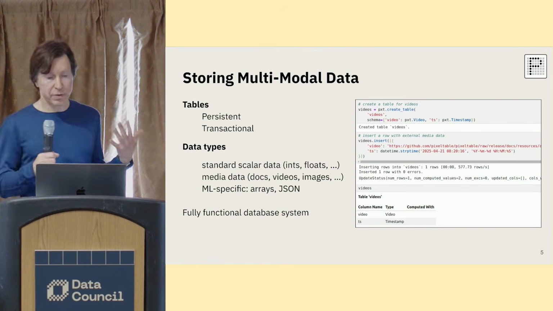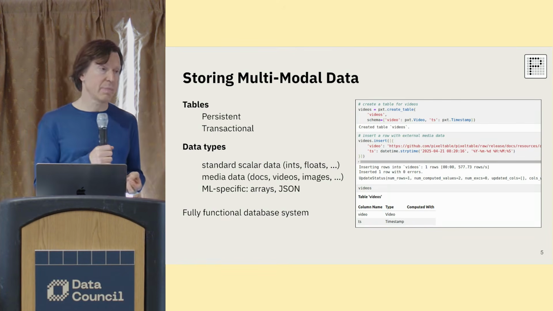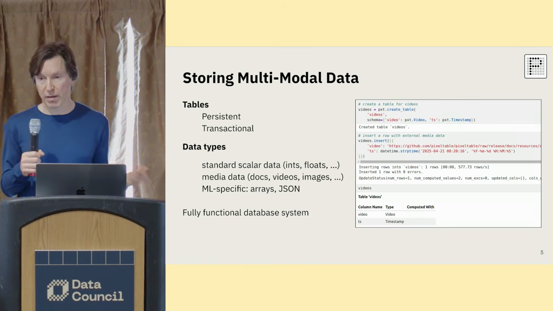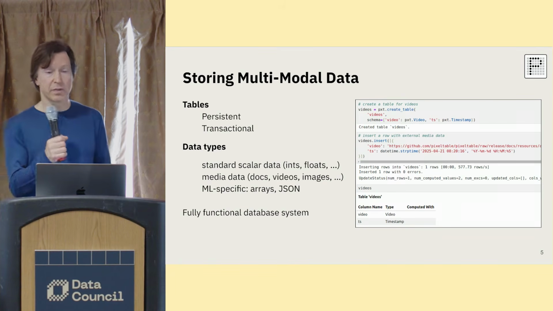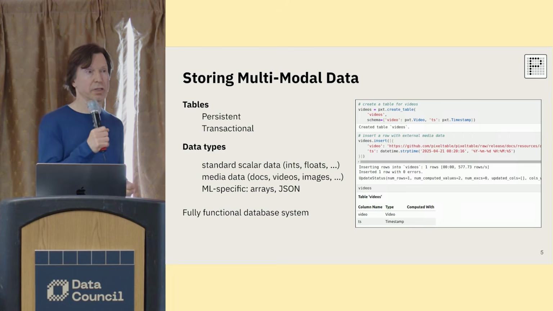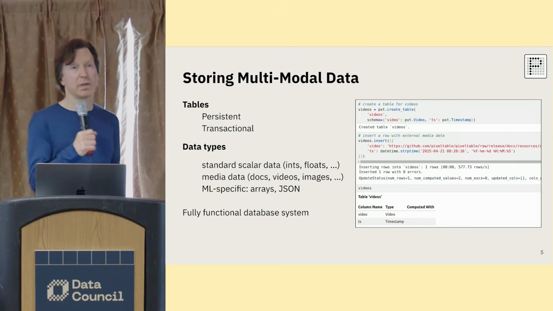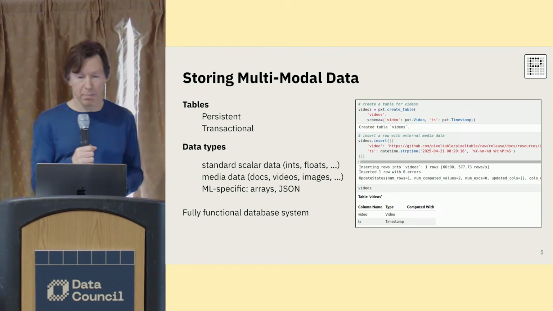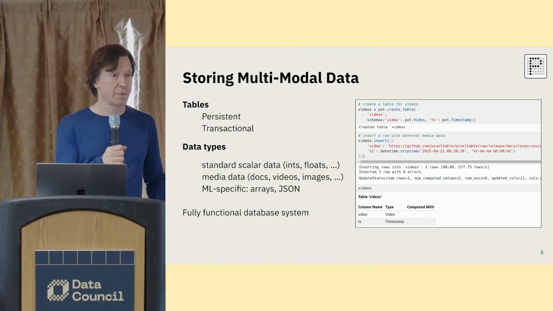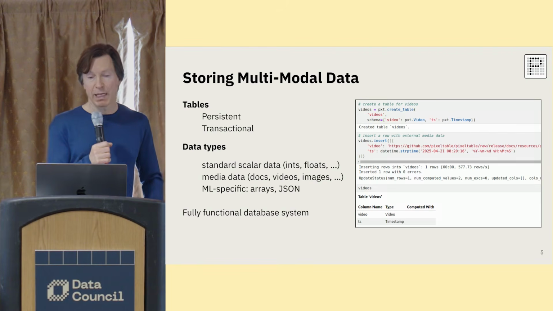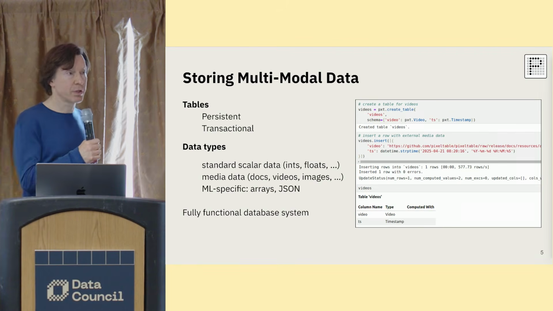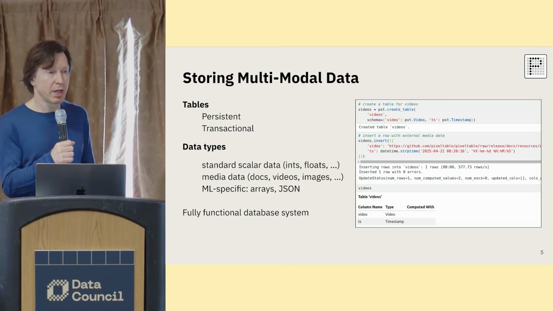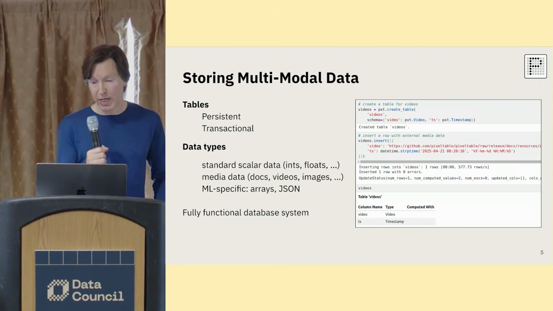But in addition to the standard scalar data types that you're getting out of your regular relational database systems, you're also getting media data, so documents, videos, images, audio, as an example, and ML-specific data types like arrays and JSON. And media data, as I mentioned, is stored externally and cached locally and transparently when needed.